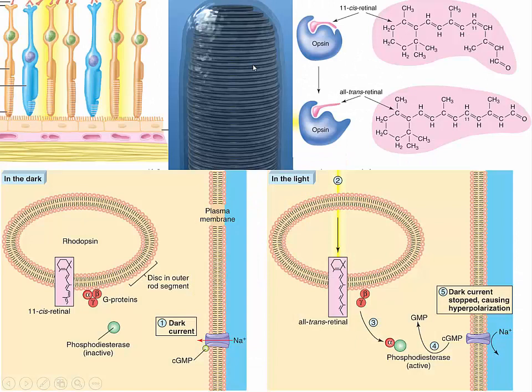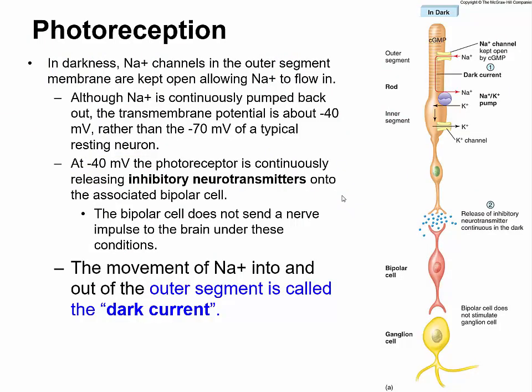Shown here are the discs, and here's the opsin, here's the retinal, and we're going to see that when light stimulates the retinal, it goes from a cis conformation, which is more of a C-shaped conformation, to a trans conformation, which extends straight out. So in photoreception, we have what are referred to as the light and dark reactions.